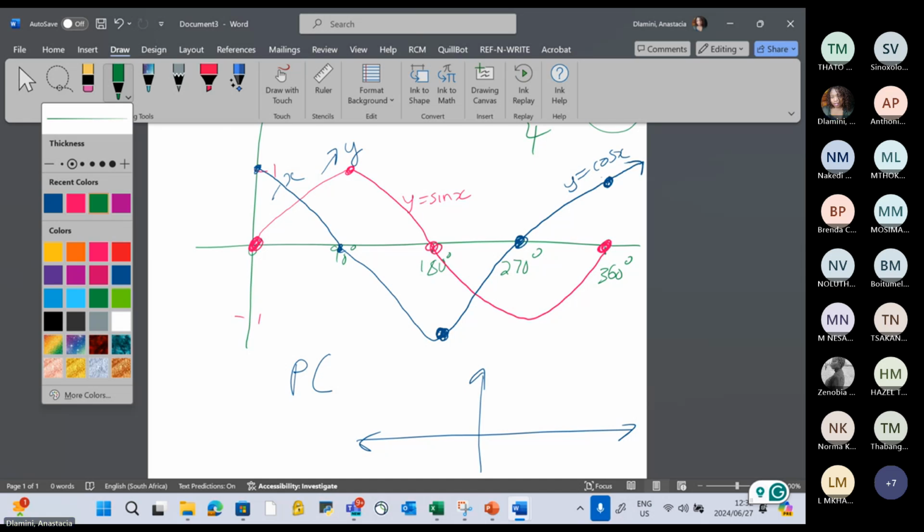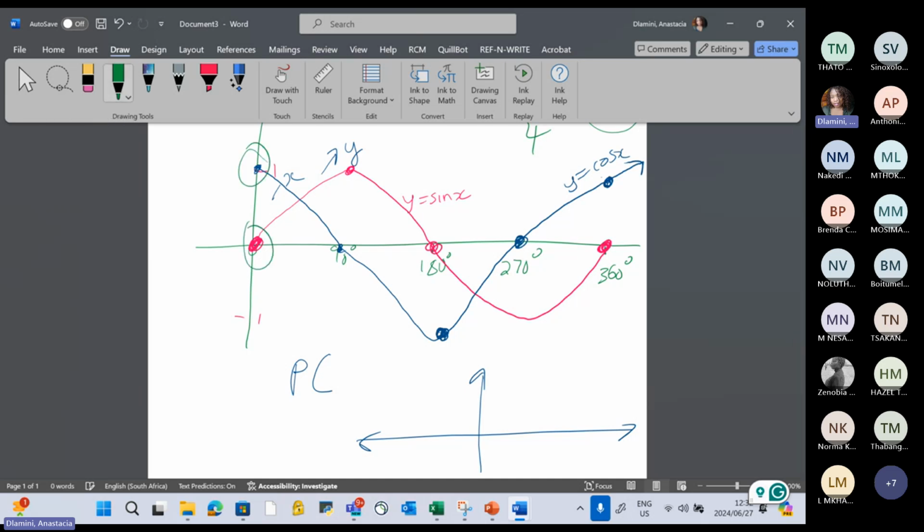Look at this. If you were to form a point, what point is this? This is 1 and 0. Do you see that? Guys, are we together? This is 0 and 1.